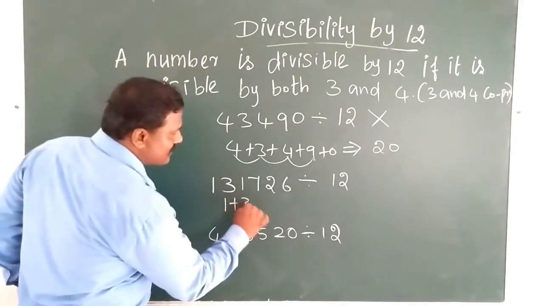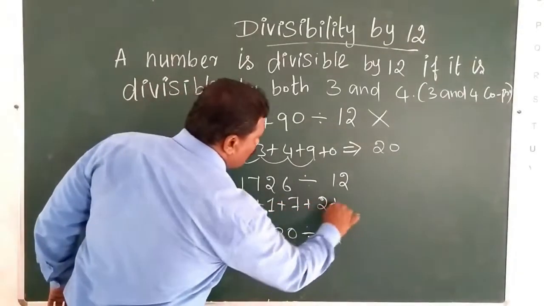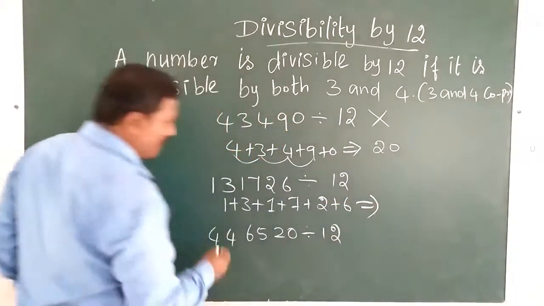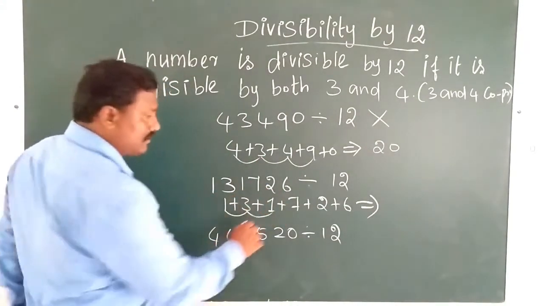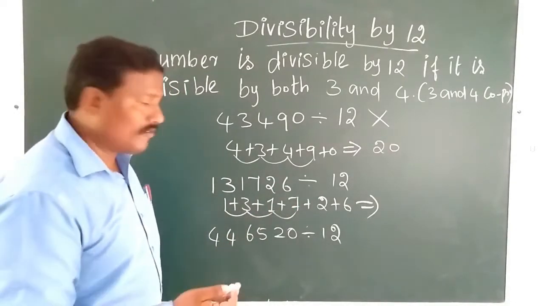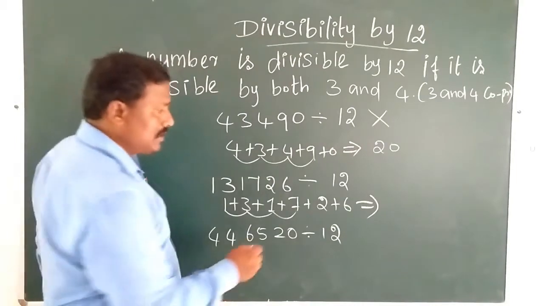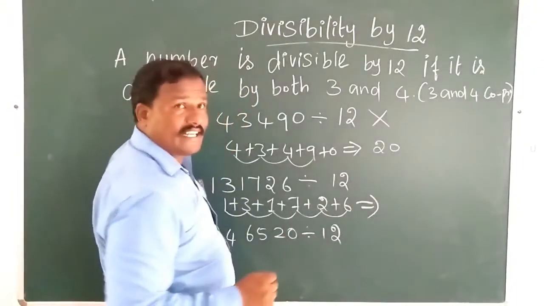So 1 plus 3 plus 1 plus 7 plus 2 plus 6 is equal to: 1 plus 3 is 4, 4 plus 1 is 5, 5 plus 7 is 12, 12 plus 2 is 14, 14 plus 6 is 18.